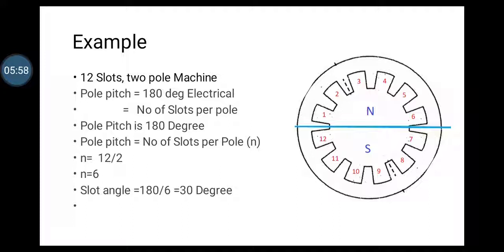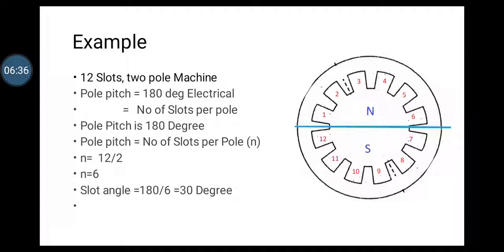I hope you understand this. For example, in 12 slots, if I have 120 conductors, how will I place them? If it is a concentrated winding, then only one slot will be used per pole. So 120 divided by 2, that is 60 conductors, are placed together in only one slot under the north pole, and another 60 in the south pole.